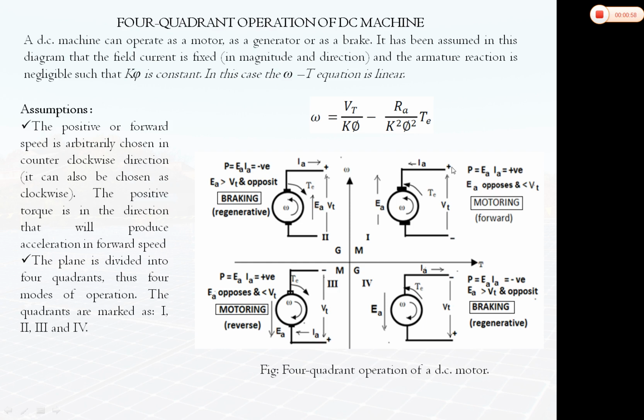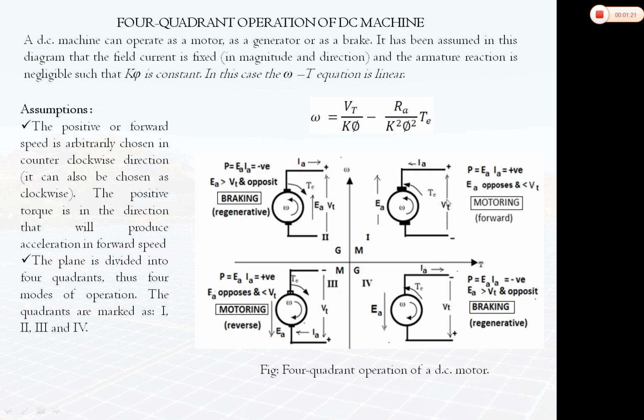Motoring means it is taking power from the supply and delivering mechanical power to the mechanical load. Here the back EMF is positive, and the current coming to the motor is positive, so the product of these two is positive. That is the power developed by this motor. Here you can see EA opposes the armature voltage.